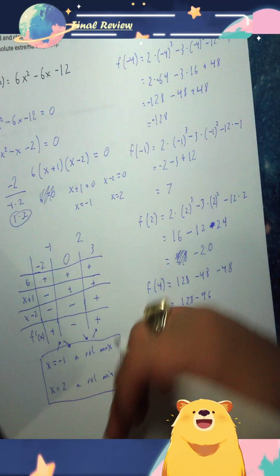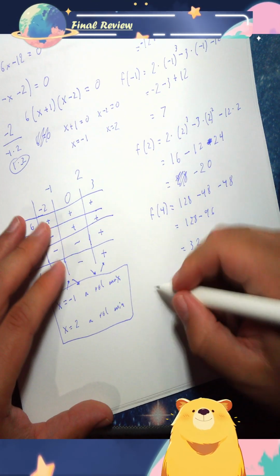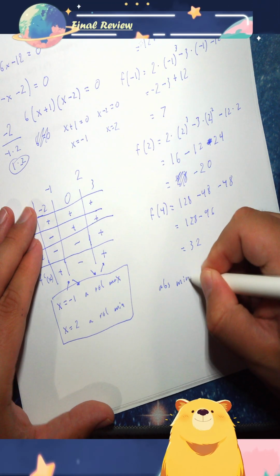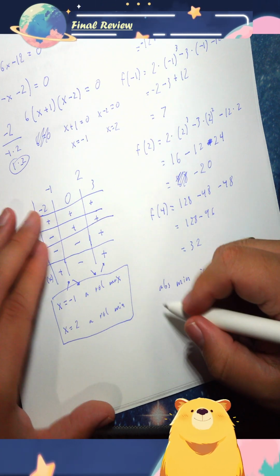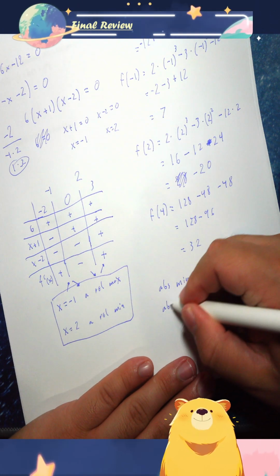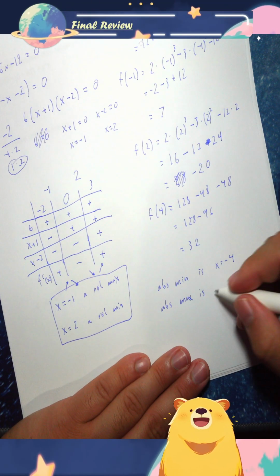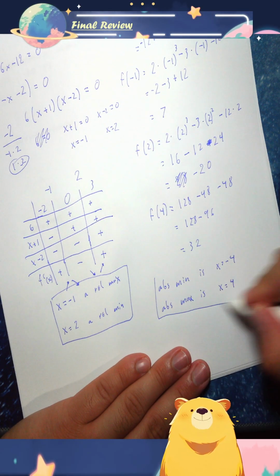So from here, what are the absolutes? The absolute lowest is at x equal to -4, and the absolute max is at x equal to 4. -4, +4.